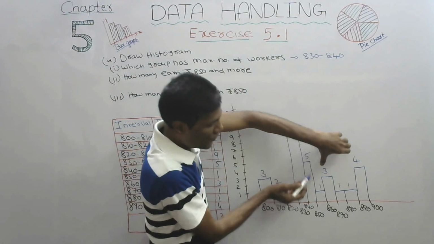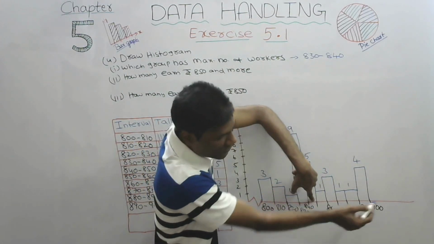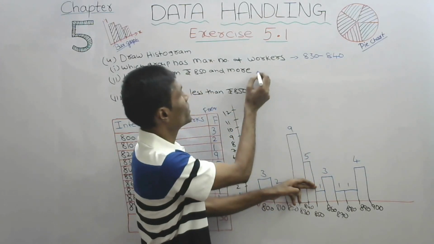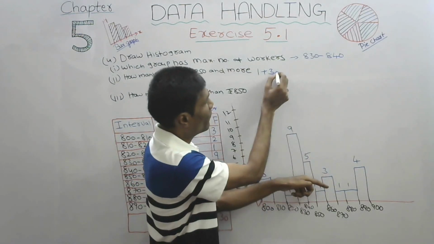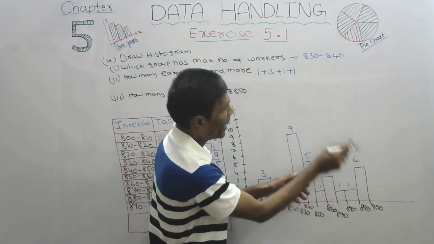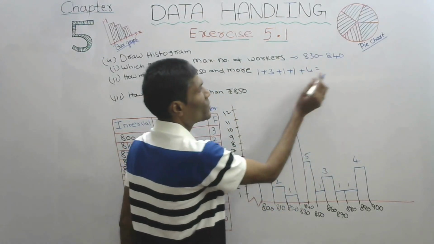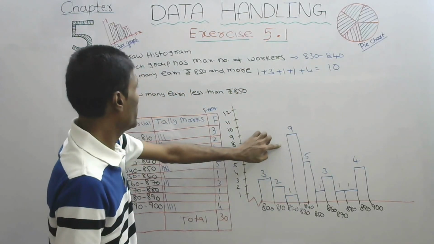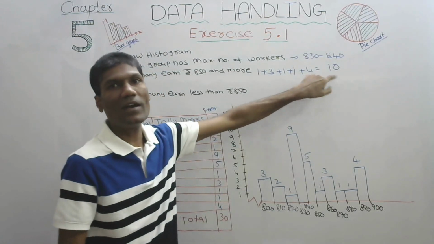So from here onwards, this is 850, no? From here onwards, these people, this is 1 plus 3 plus 1 plus 1 and 4. 4, 5, 6, 10. So 10 people are earning 850 and above.